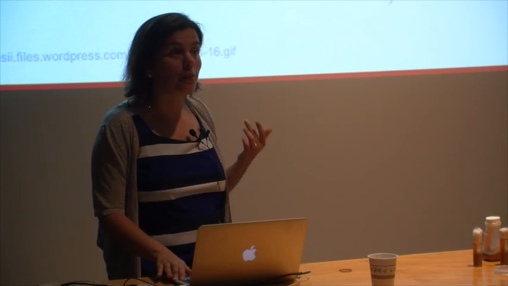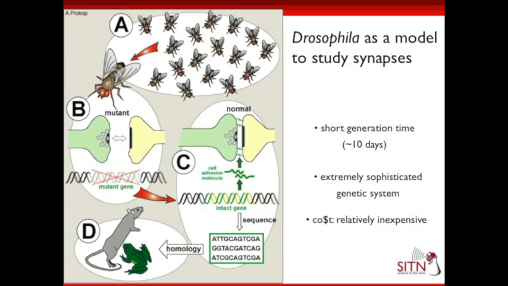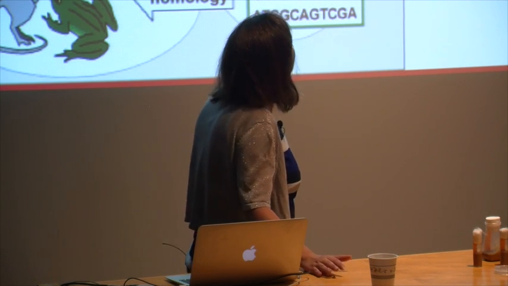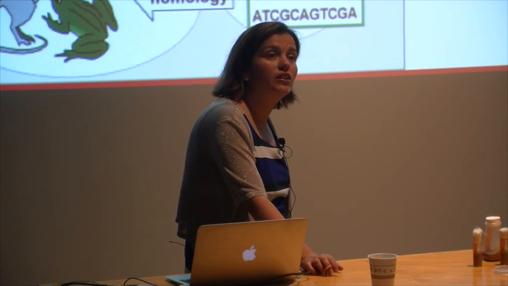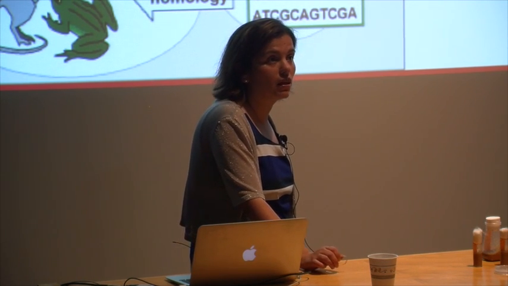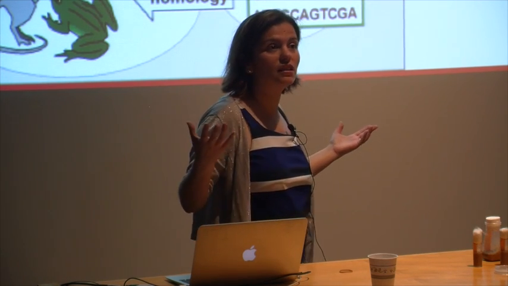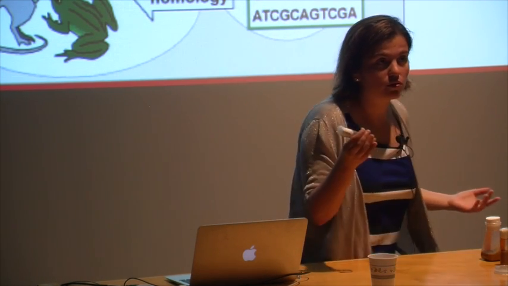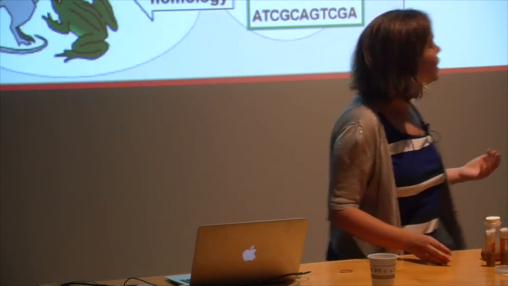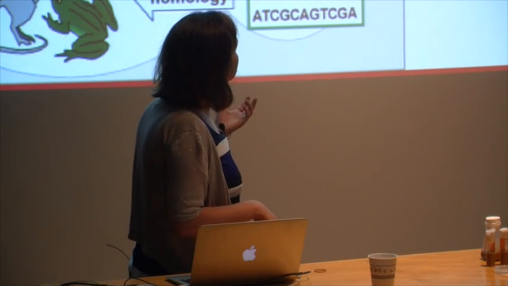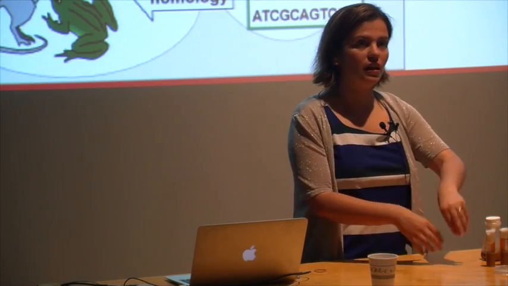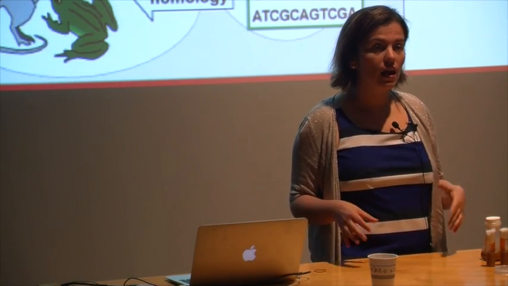The other advantage, a practical advantage for the work, is exemplified here. One fly takes 10 days to go from an embryo to an adult, and a single female can produce on average 100 or 200 eggs. So if you are going to study one gene, that means you have 200 samples in these tubes to do your experiments. The other thing is that the genetics of putting things in and out are pretty sophisticated and well known.